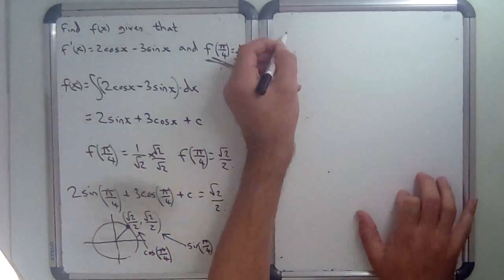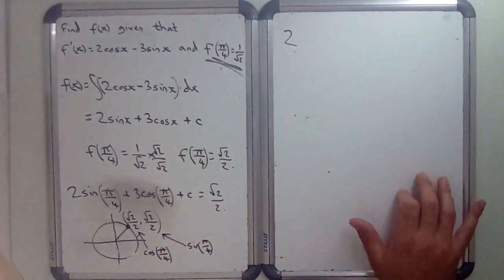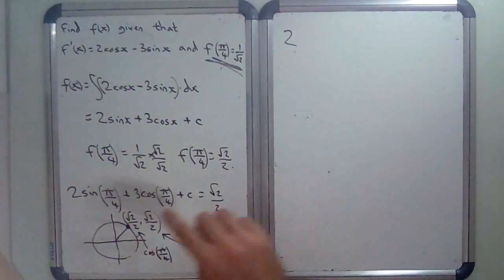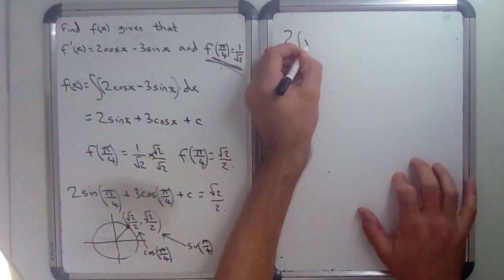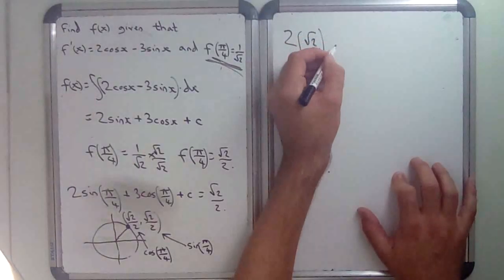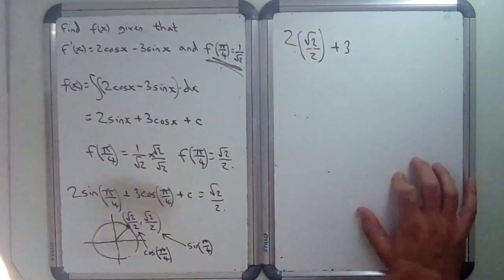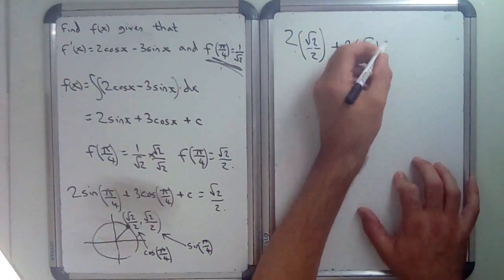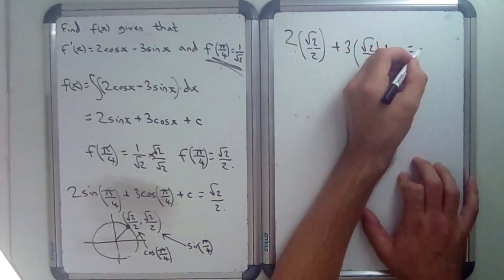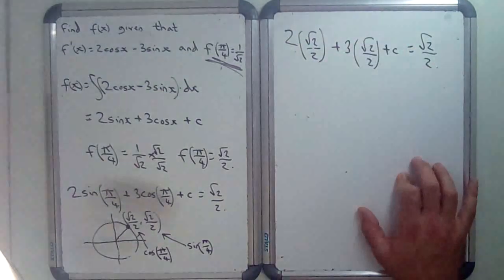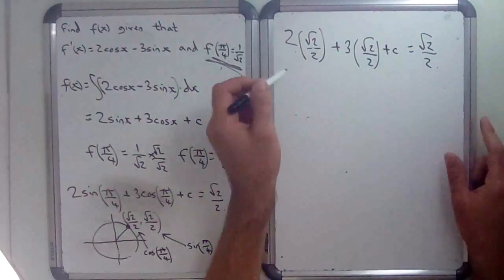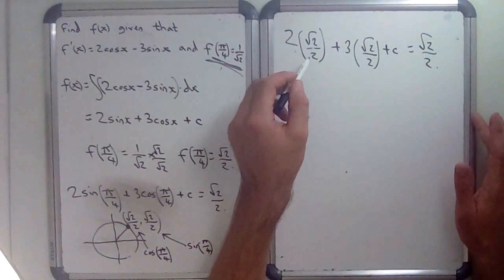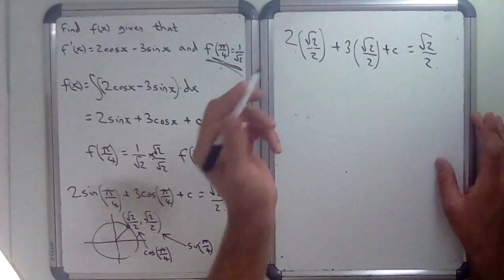So we know that 2 sine pi by 4, and sine pi by 4 is root 2 over 2, so 2 times root 2 over 2, plus 3 cos pi by 4, also root 2 over 2, plus c equals root 2 over 2. I'm tempted to multiply the whole thing through by 2.